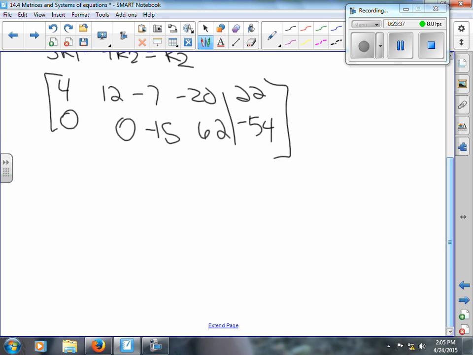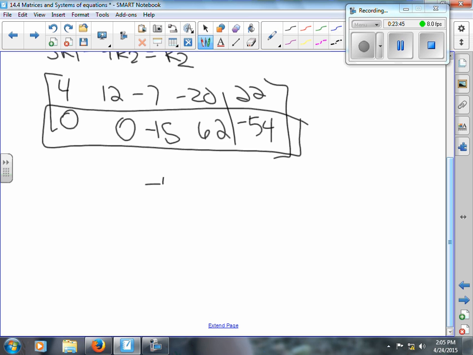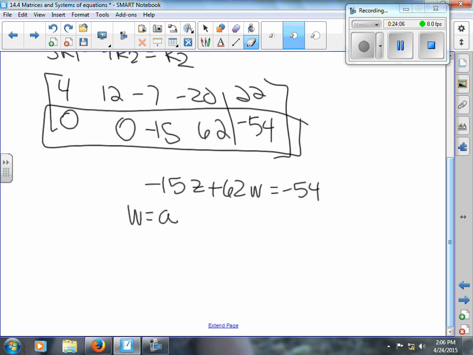I'm going to look at this bottom equation here. We have -15z plus 62w equals -54. All I can do to solve is let w be a, and then solve for z in terms of w.